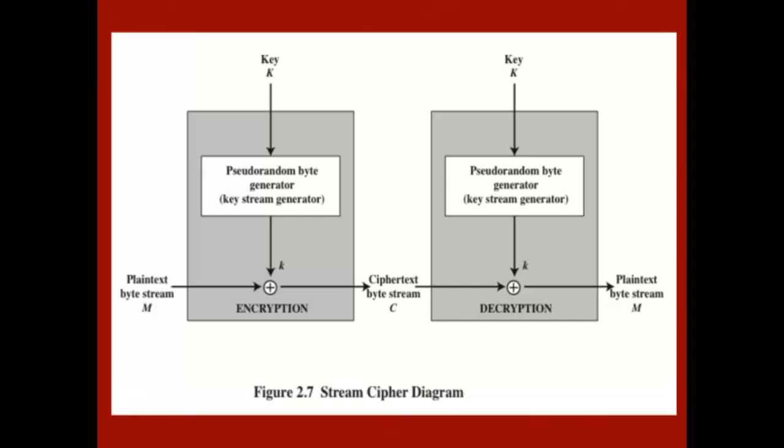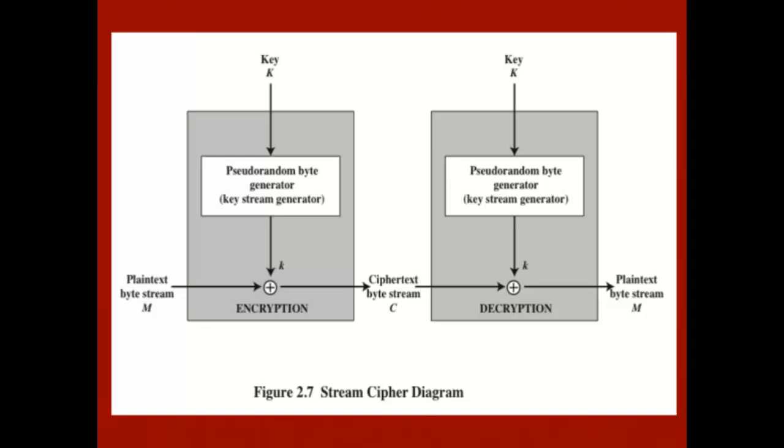A typical stream cipher encrypts plaintext 1 byte at a time, although a stream cipher may be designed to operate on 1 bit at a time or on units larger than a byte at a time. The figure is a representative diagram of stream cipher structure. In this structure, a key is input to a pseudo-random bit generator that produces a stream of 8-bit numbers that are apparently random.